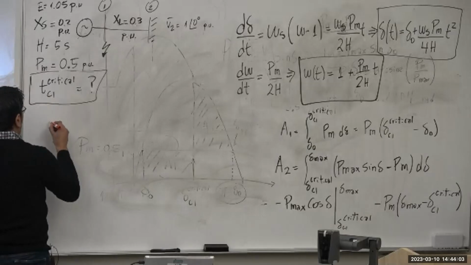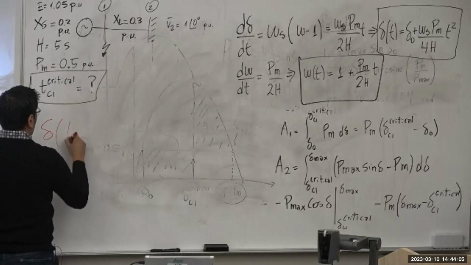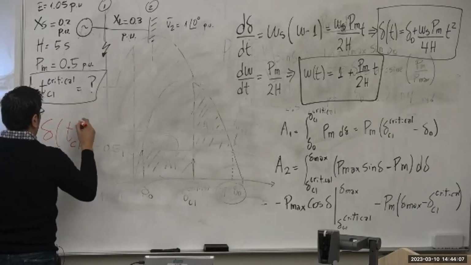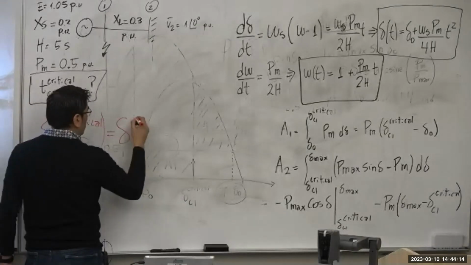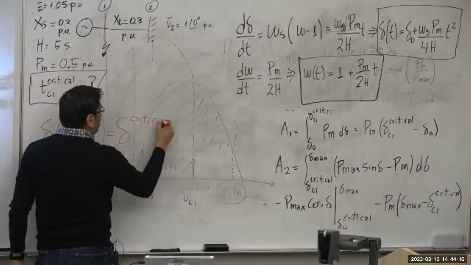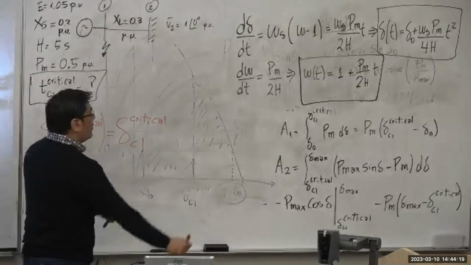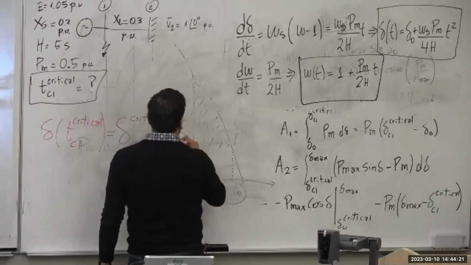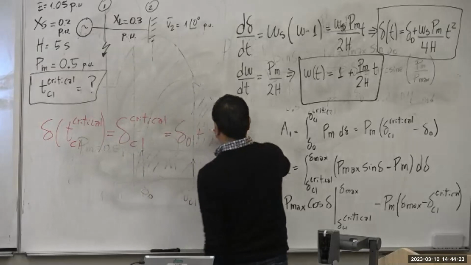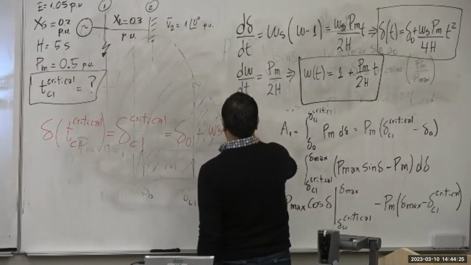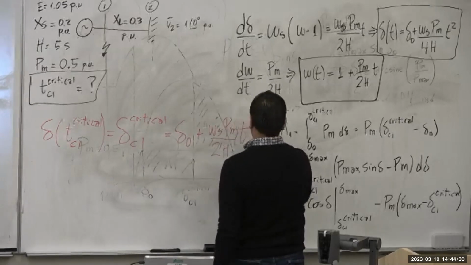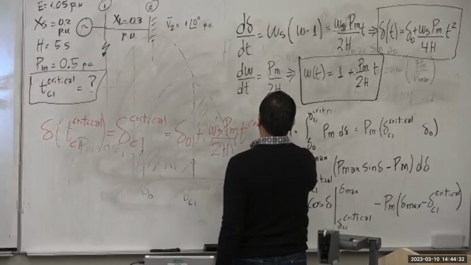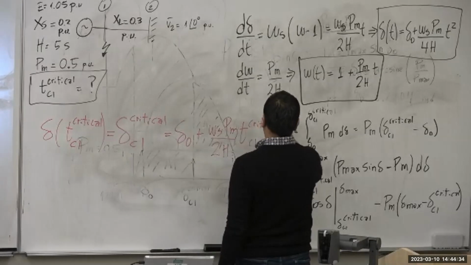We will make delta at the critical clearing time equal to the critical clearing angle. And this is equal to delta 0 plus omega s Pm over 2H times t critical clearing time squared.